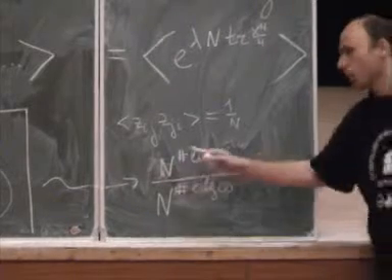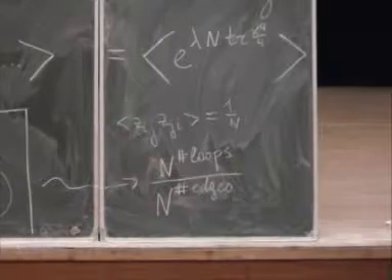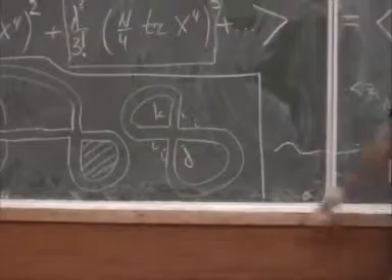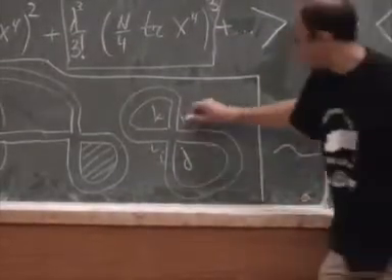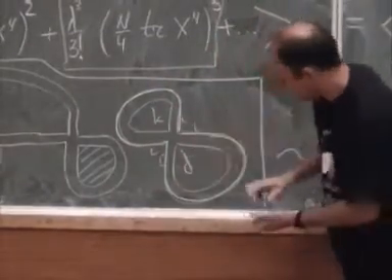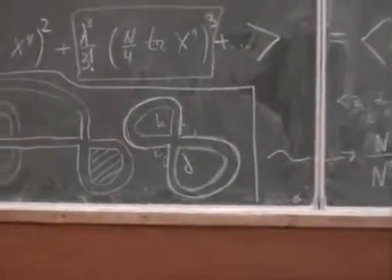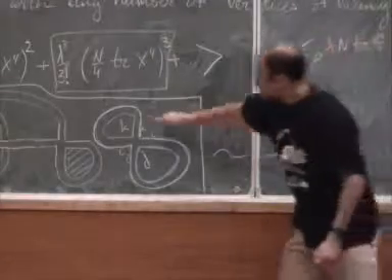And there are n to the power number of loops ways to choose an index in each loop. So here, for example, I have to choose i, j, and k because there are 3 loops in this graph. Loop 1, loop 2, and loop 3.